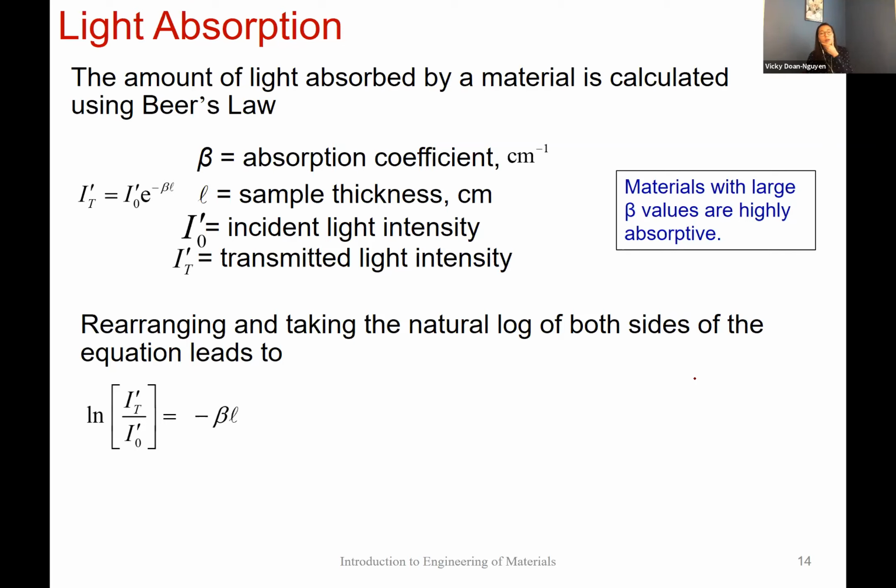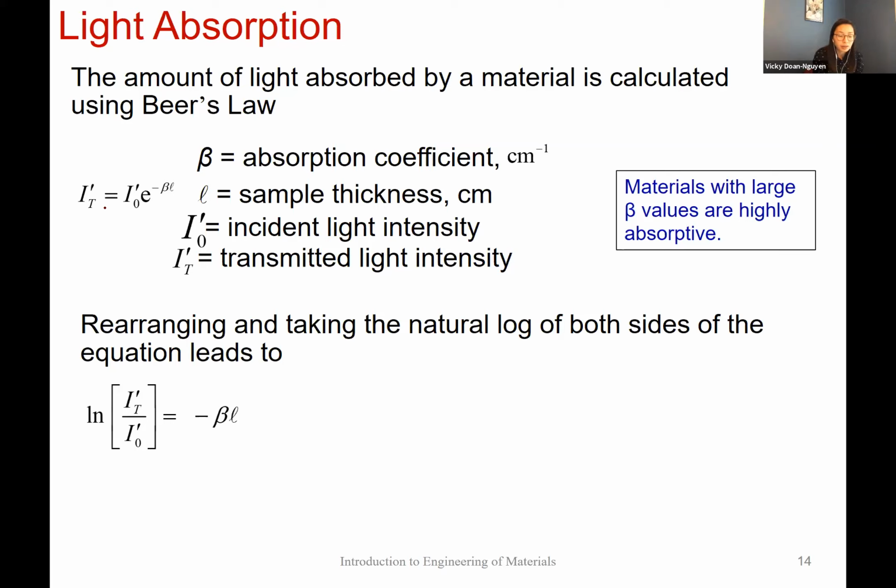Then we can also talk about how much light is absorbed as opposed to transmitted or reflected. The amount of light that's absorbed in a material depends on how thick the material is and what the absorption coefficient is, and this will be different for different materials.